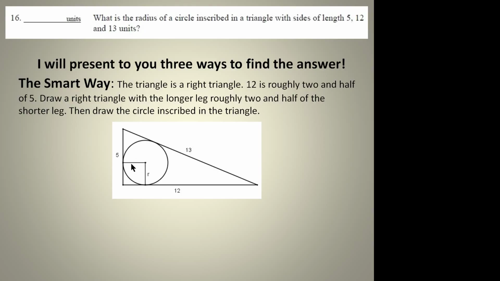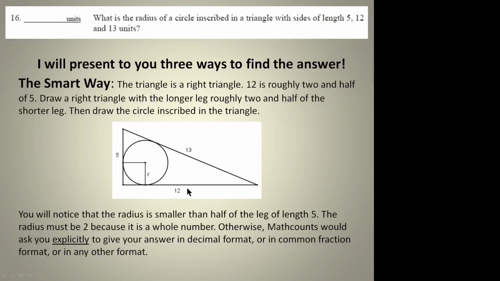If you estimate, you will see that the radius of the inscribed circle is smaller than 5, and actually smaller than half of 5. The middle here is 2.5, so you see it must be 2.